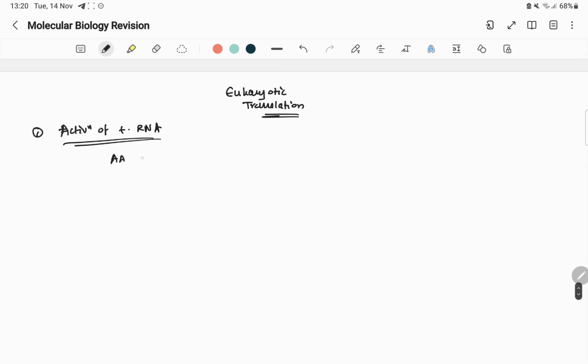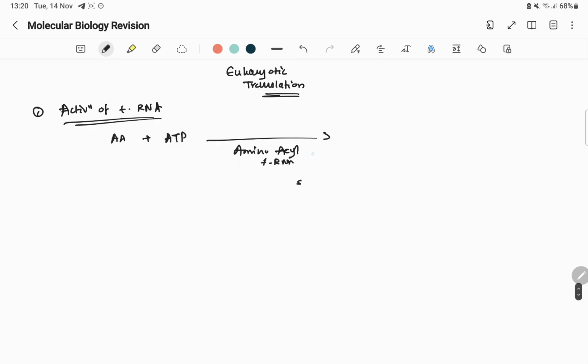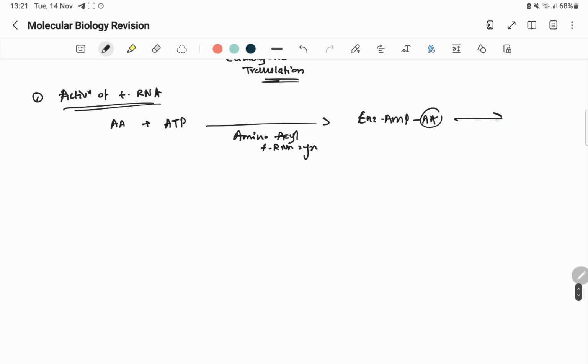How will it activate? Amino acid binds with ATP in the presence of aminoacyl tRNA synthetase. It will form your enzyme-AMP-AA. It is an active amino acid. This will combine with your tRNA and will form your tRNA-CCA-OH-AA. This is your activated tRNA.